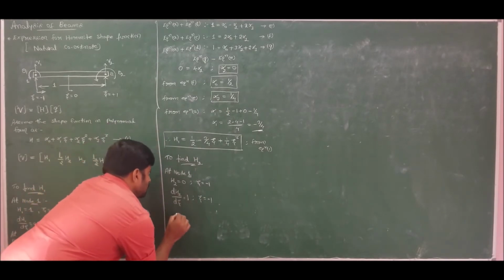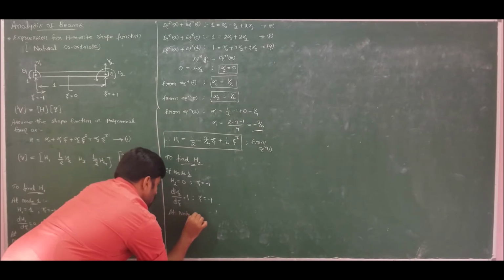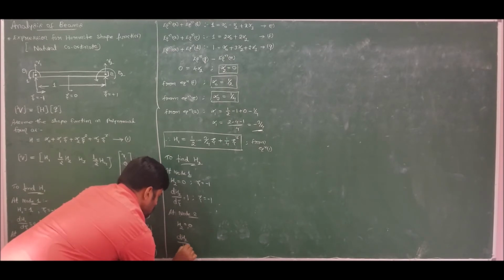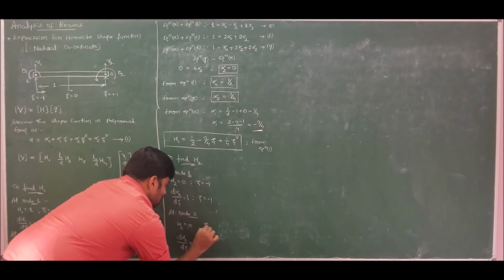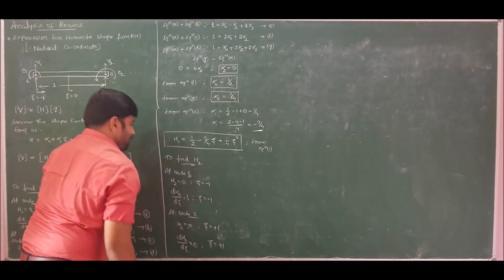So now coming to H2 at node 2, at node 2 the value of H2 is 0, its derivative is also 0. What is the value of zeta? Zeta is plus 1 at node 2.